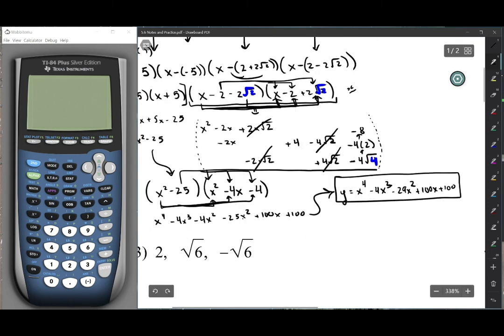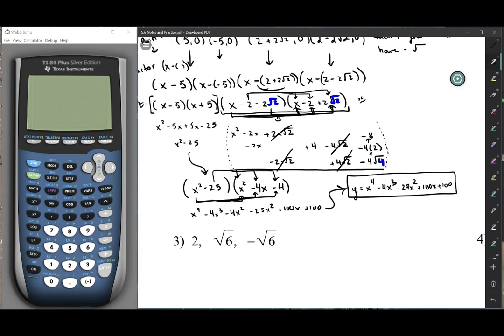So what we just made was an equation that goes through all those points. If you're ever curious, we could type that into our calculator. If we type in x to the 4th minus 4x to the 3rd and subtract 29x squared plus 100x plus 100, what you'll see if you hit graph, let me make sure my window's regular, is, hey, there it is going through 5, or negative 5.